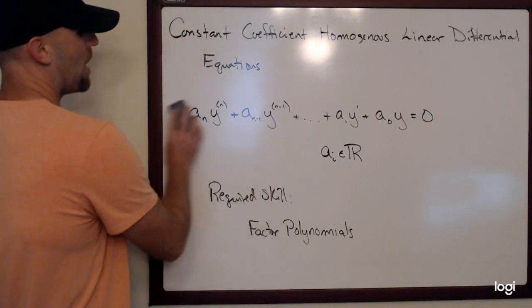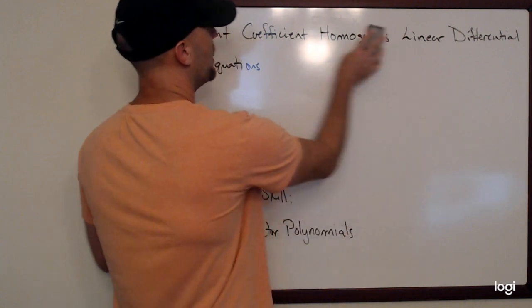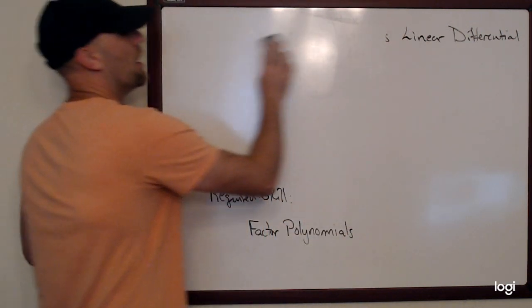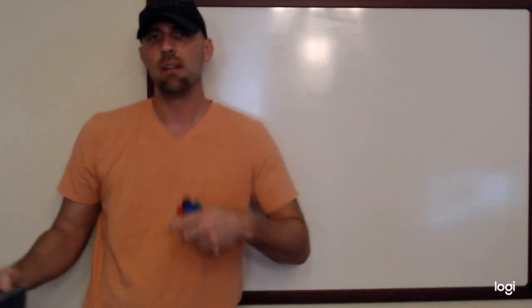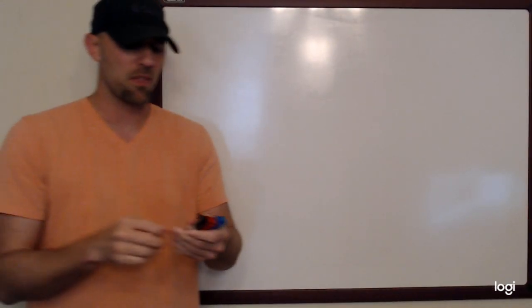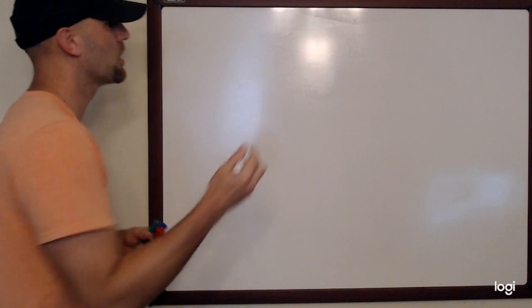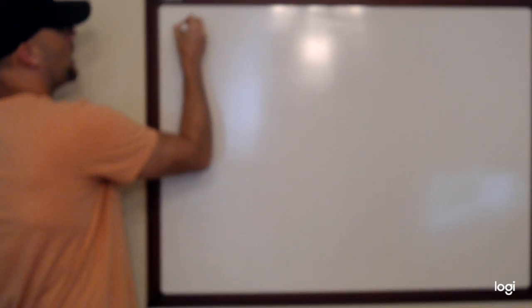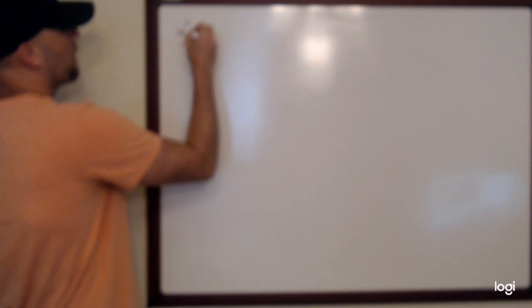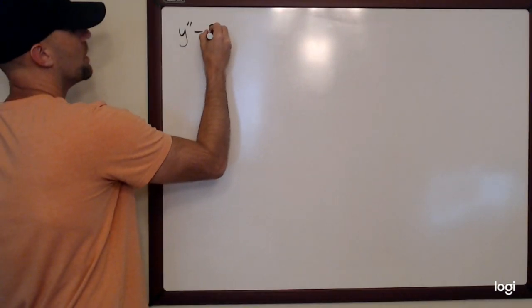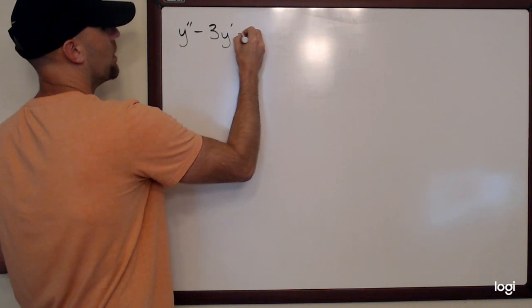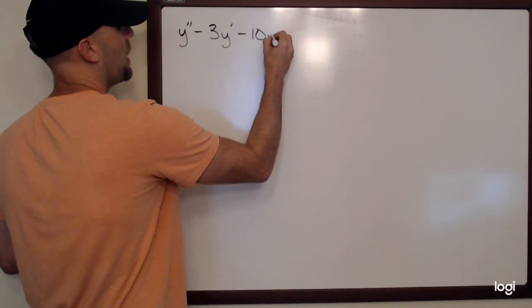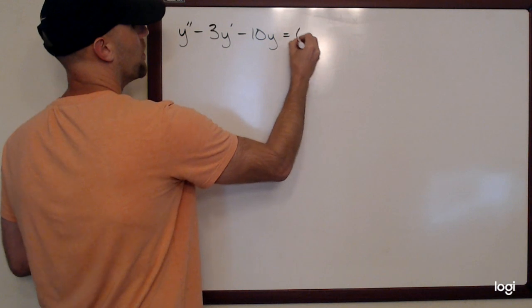Let's see what we have. I want to introduce first a new notation. It's not complex or anything like that. It's just going to streamline and simplify some of the things we're going to talk about. So I want to get a concrete example up here. Let's say y double prime minus 3y prime minus 10y equals 0.